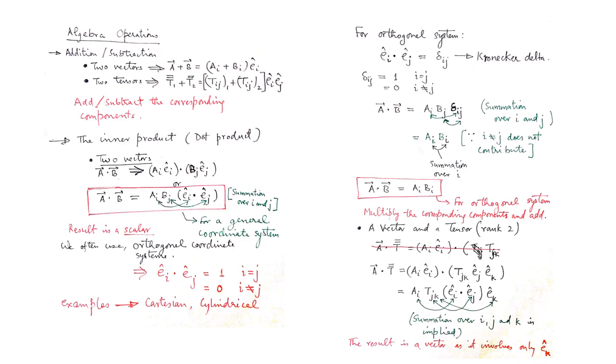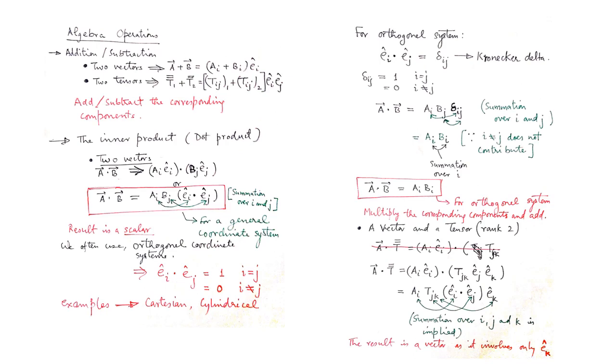A dot b is then simply written as ai bj delta ij. Since I am having indices on the Kronecker delta symbol, I must say that I is a repeating index and j is also a repeating index. So if they are repeating indices, summation over I and j is again implied. But we know that delta will only contribute, or its value will only come as unity, whenever j is equal to I.